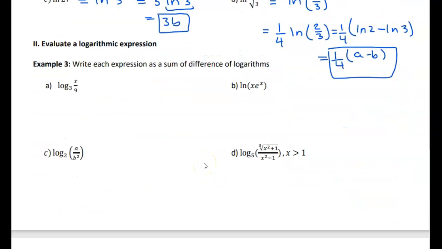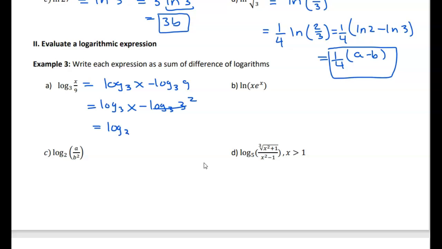All right, so write each expression as a sum or difference of logs. So we're going to use the properties for sums and differences. This is a quotient. This means this is log base 3 of x minus log base 3 of 9. We're going to rewrite the 9 as 3 squared. So these cancel out, and we get log base 3 of x minus 2. Right, part B, this is a product.